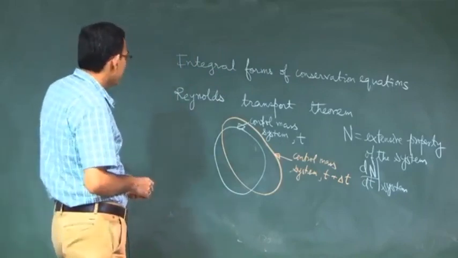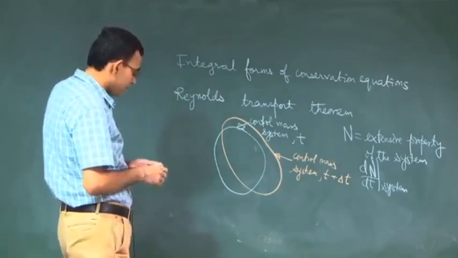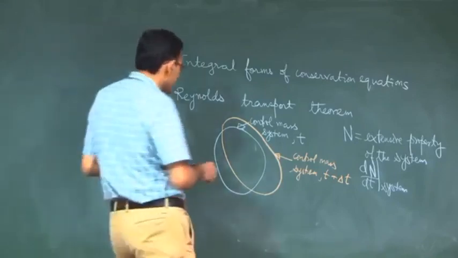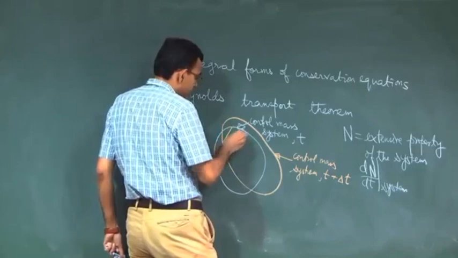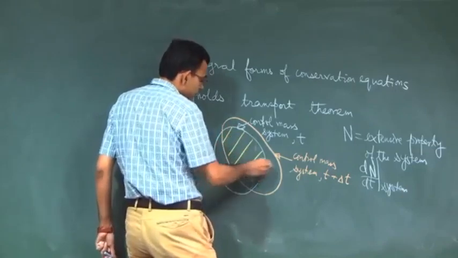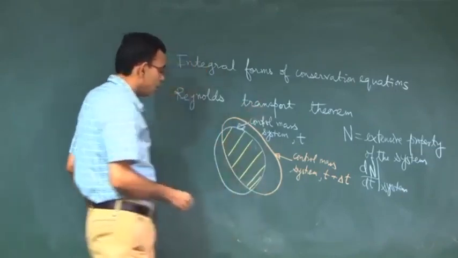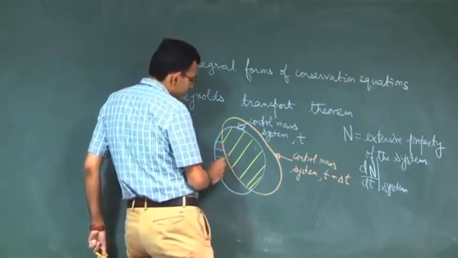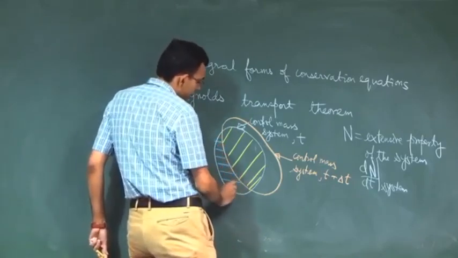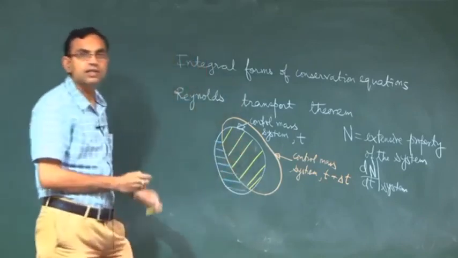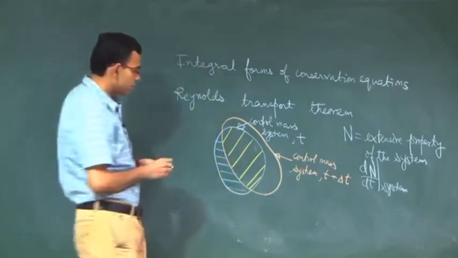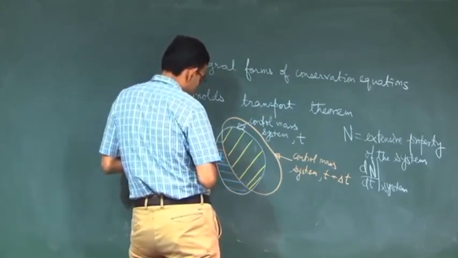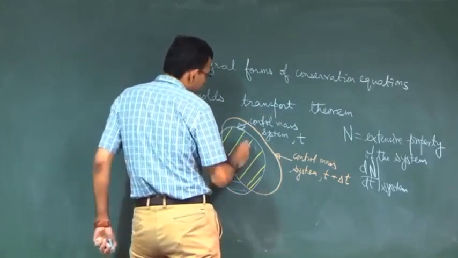So let us say that at the time t, I will try to use as many color codes as possible. The system comprises this blue region and this yellow region. So we give the name 1 to the blue region and name 2 to the yellow region.